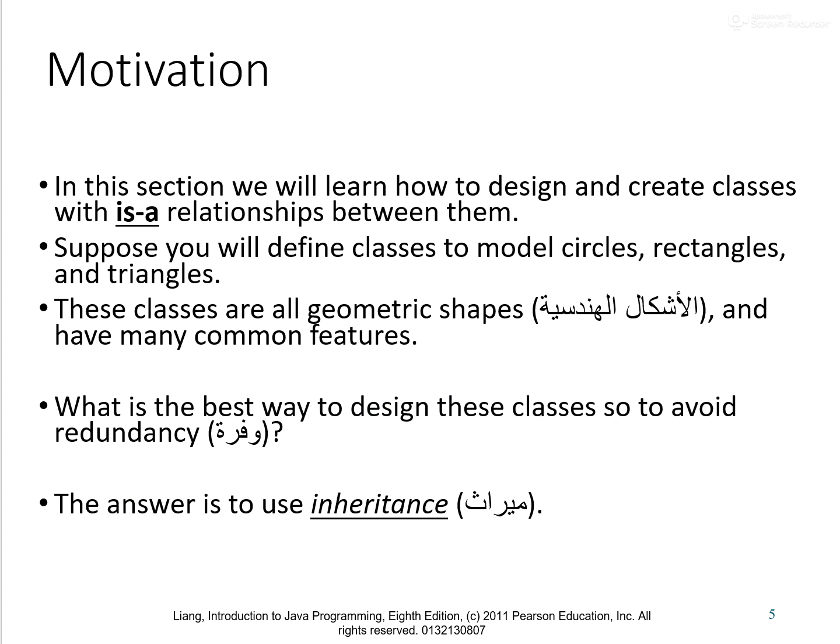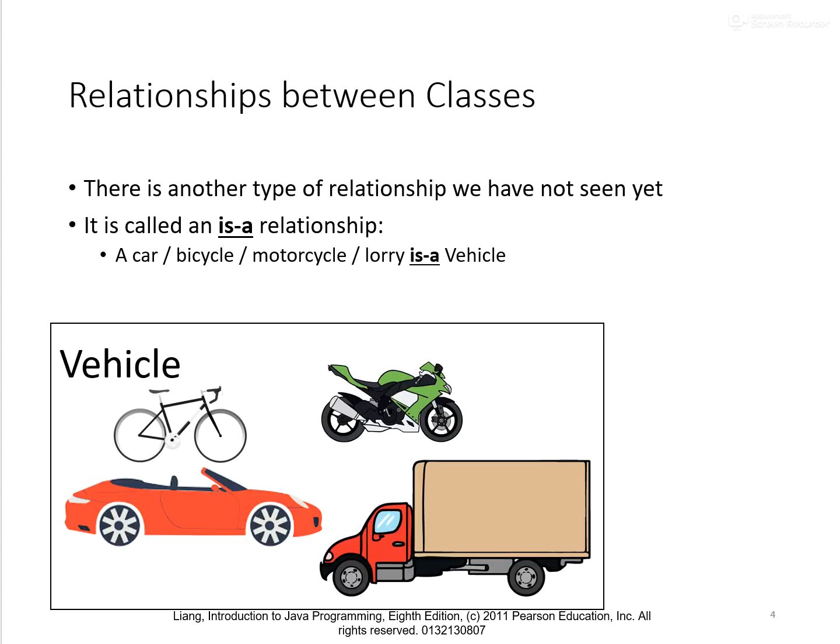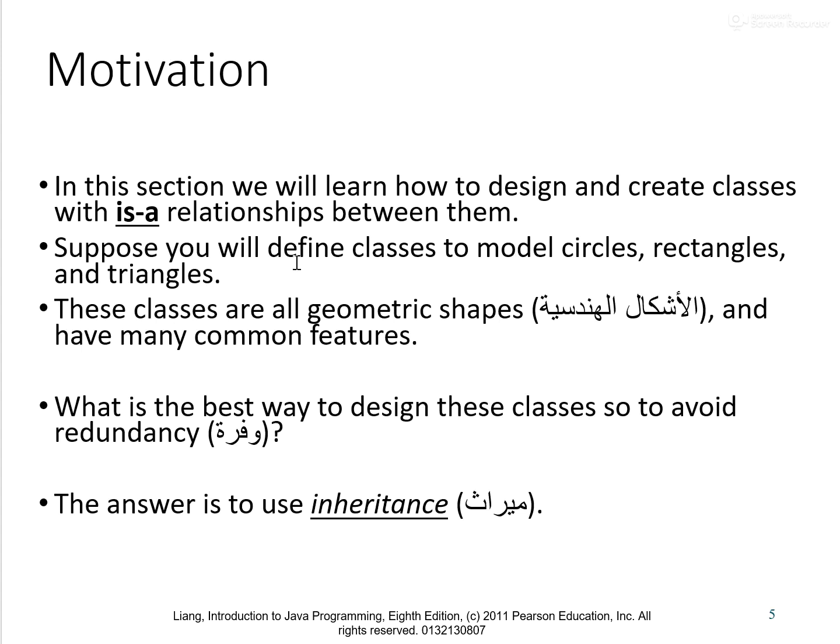The example that I'm going to show you today is actually not going to use vehicles, because it's easier to understand with something a little simpler. Instead of a vehicle class with specific types of vehicles underneath, I'm going to use this general class for geometric shapes.